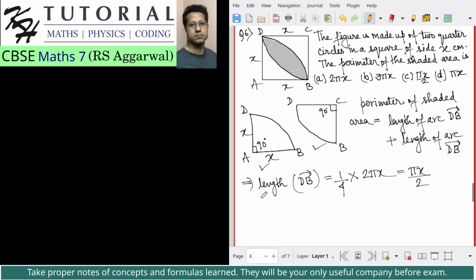Now, this implies that the perimeter of the shaded area will be equal to pi x by 2 plus pi x by 2, which is equal to pi x. So the correct choice is D.